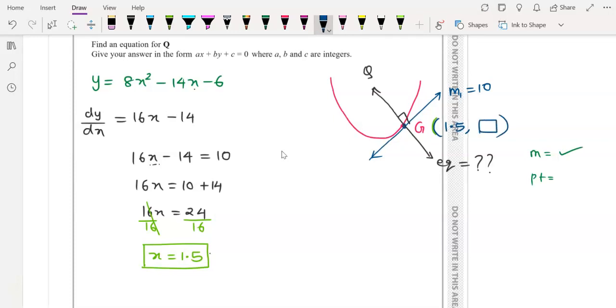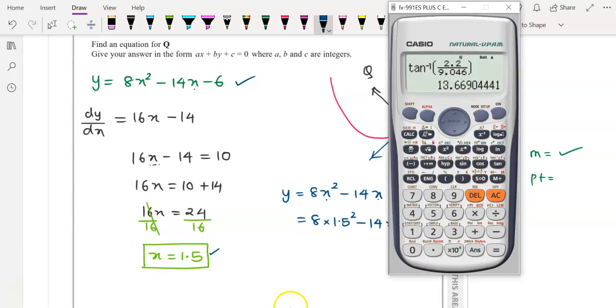To find the y coordinate, substitute x equal to 1.5 in the function. So y equals 8x squared minus 14x minus 6. Replace x with 1.5. So 8 times 1.5 squared minus 14 times 1.5 minus 6. Put this in the calculator.